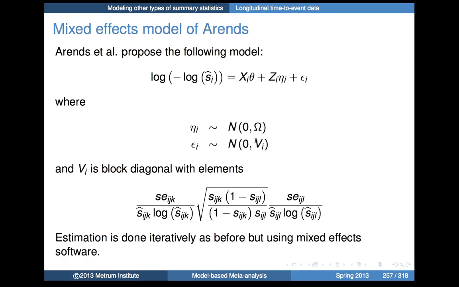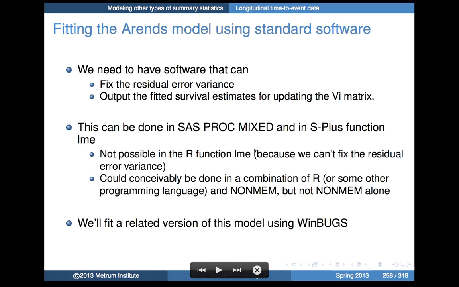And so in order to fit these models, what we have to be able to do is have something that can fix this residual standard error variance in the estimation process. So we have to be able to fix V_i, and then obtain the fitted survival estimates, the predicted survival time, so that we can then update that V_i matrix.